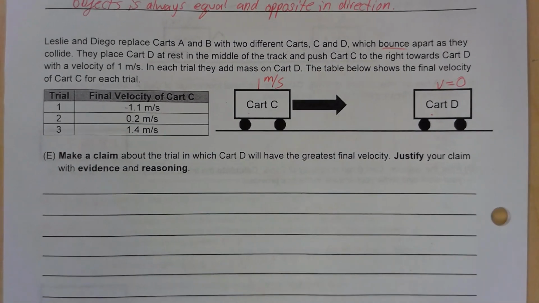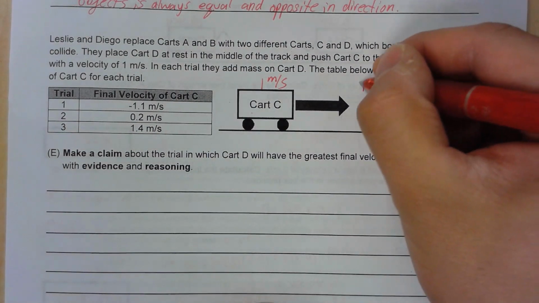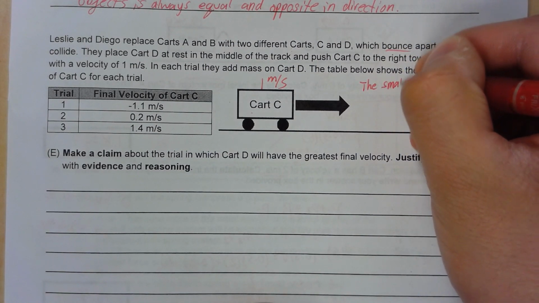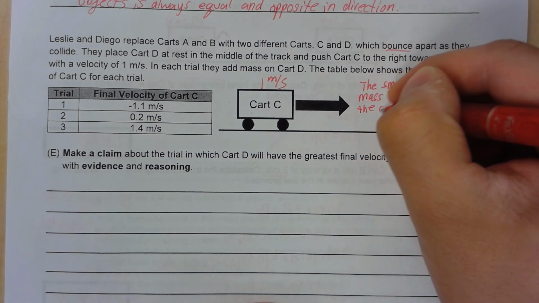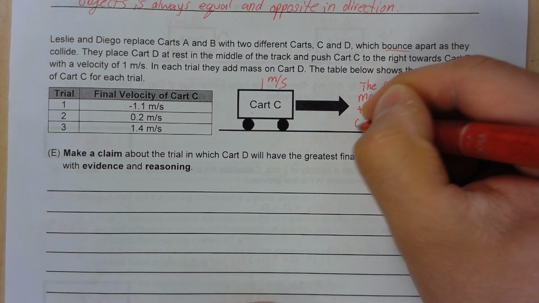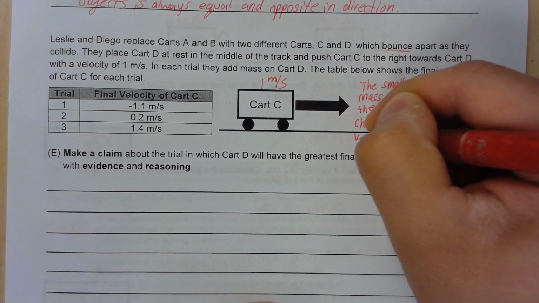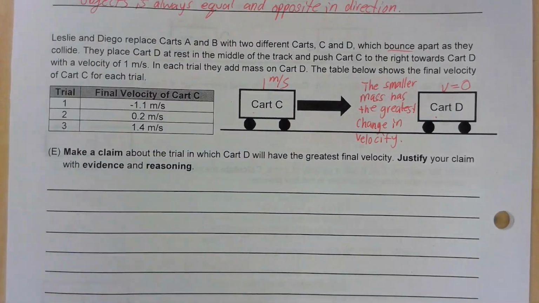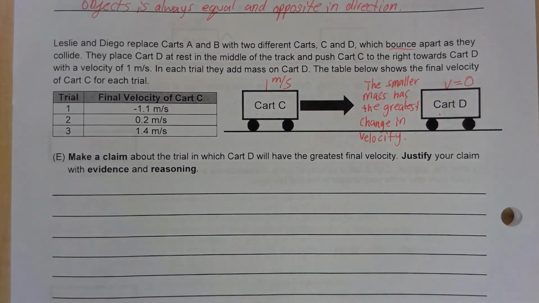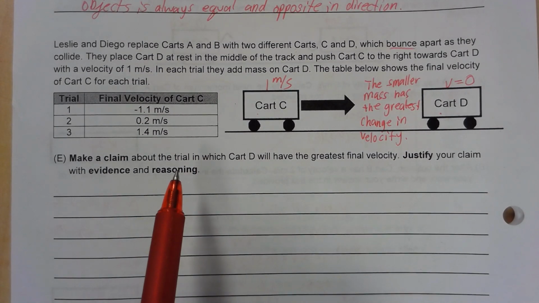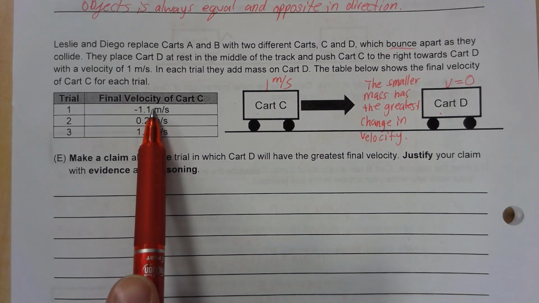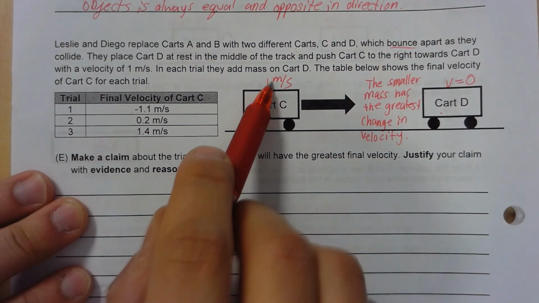We need to remember a rule that I talked about way back in the multiple choice. I said the smaller mass has the greatest change in velocity. Okay? So let's figure out then what's the change in velocity of cart C. So to find it, we're going to do final minus initial.